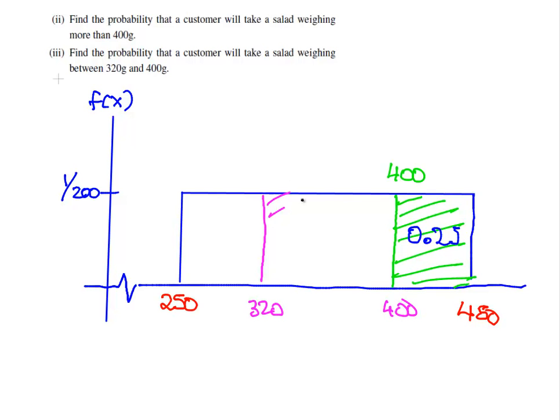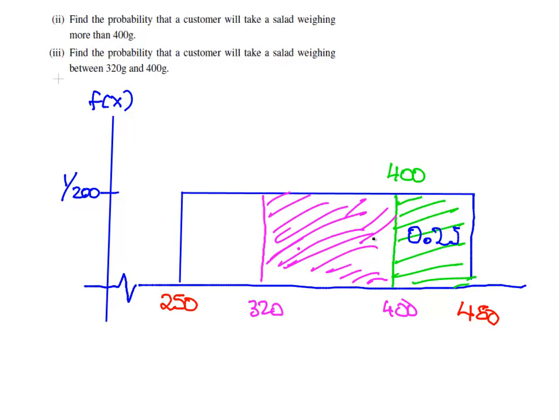On the graph, it is this area here. Now, how do we calculate that? What we could do is find out what this area is down here at the left-hand side.